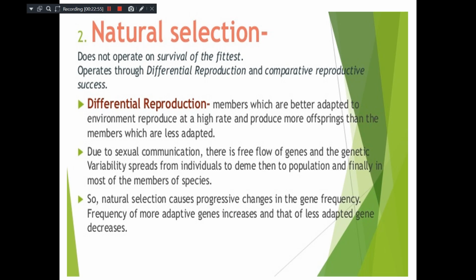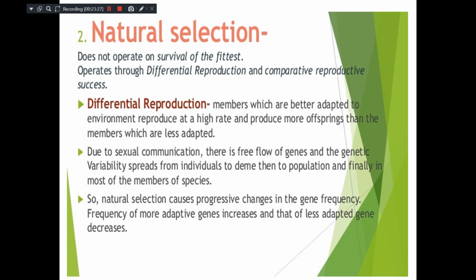When there is a free flow of genes, natural selection operates at that level and brings progressive changes in the gene frequency. As a result, the frequency of more adaptive genes increases and that of the less adaptive genes decreases.